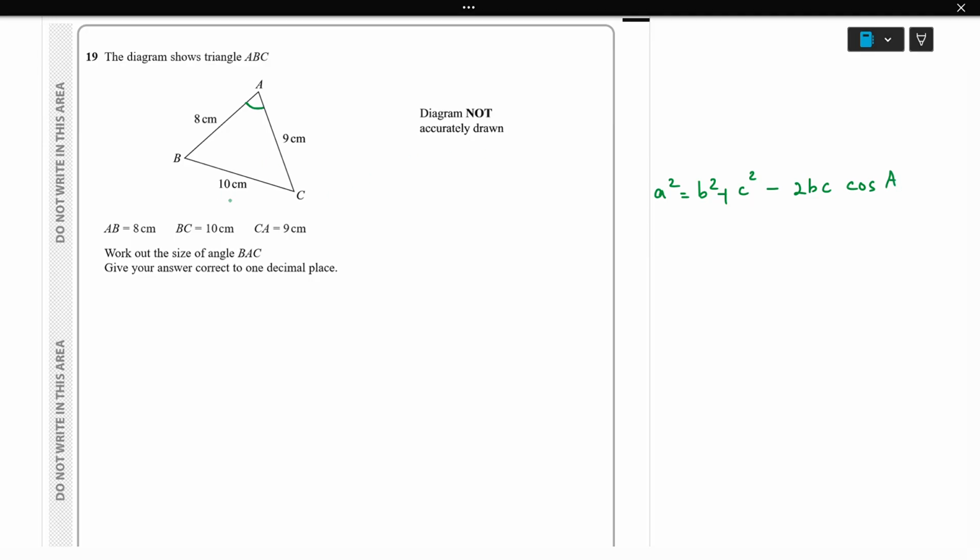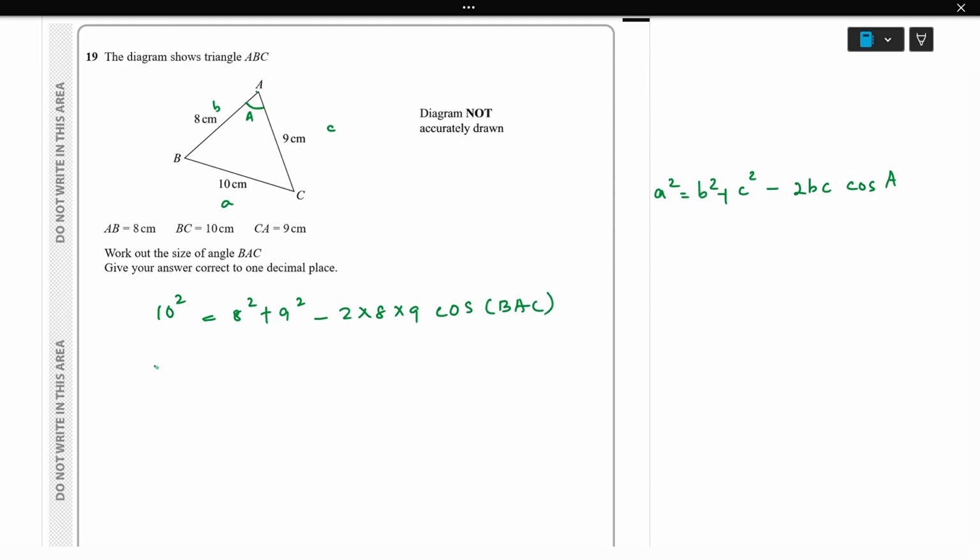So this is our a, this is the capital A here, this is b, this is c. So we can take a square, which is 10 square, equal to 8 square plus 9 square minus 2 times 8 times 9 into cos A. Here we need to find the angle BAC, cos BAC.